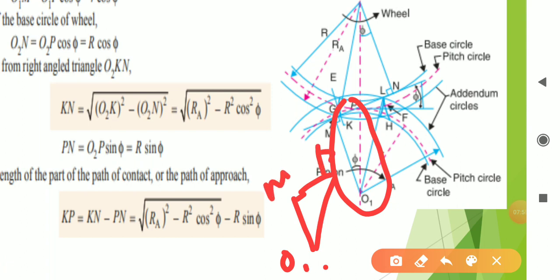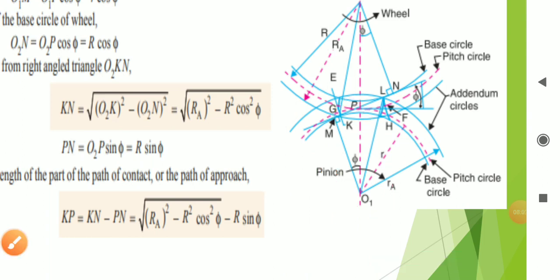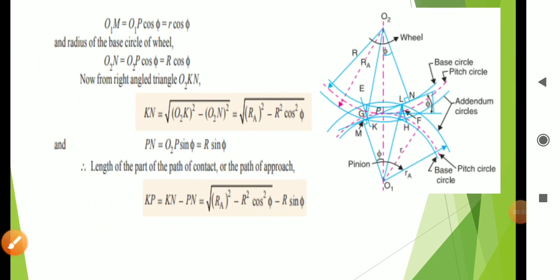In this triangle, to find O1M, O1M is O1P into cos of phi. O1P is the radius of the pinion pitch circle, so put r instead of O1P. So O1M is equal to r into cos of phi, and this is the radius of the base circle of the pinion.